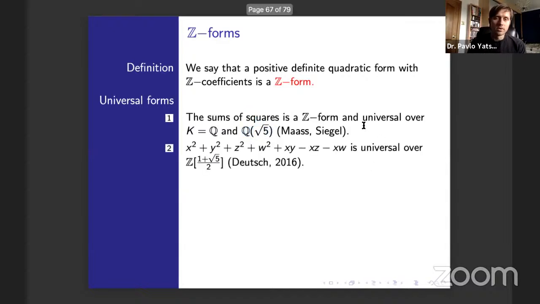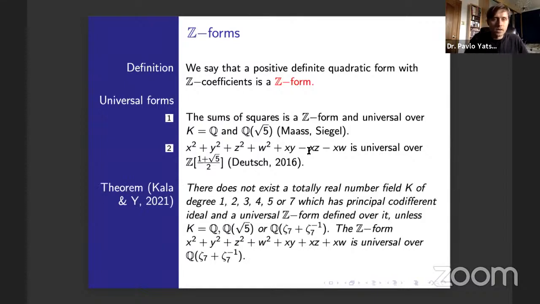Another example of a Z form is this form of rank 4, which was shown to be universal over Z adjoin (1 plus square root of 5) over 2. So it's exactly this case where we have Q adjoin the square root of 5. And in a recent paper, we showed that there don't exist, except for finitely many cases, Z universal forms in the following degrees: 1, 2, 3, 4, 5, 6 is missing, and 7, with a condition on the codifferent.